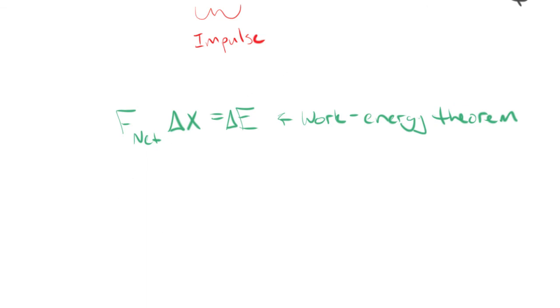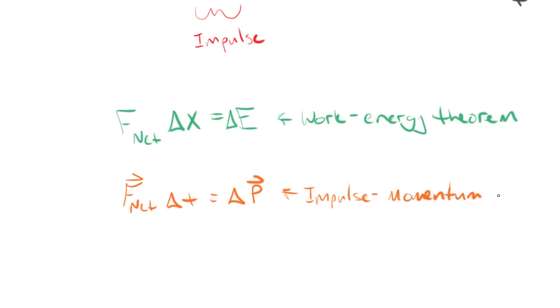Well, now we have a very similar equation that says that F net times delta t is equal to delta p. The only difference is I stick a couple of half arrows on top of my letters because they're vectors. And now we've defined something that's called the impulse-momentum theorem.